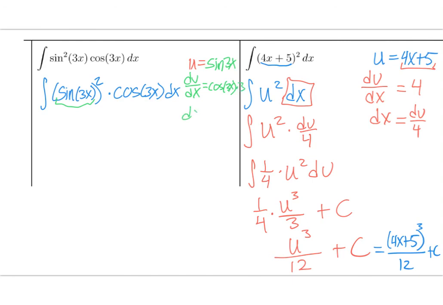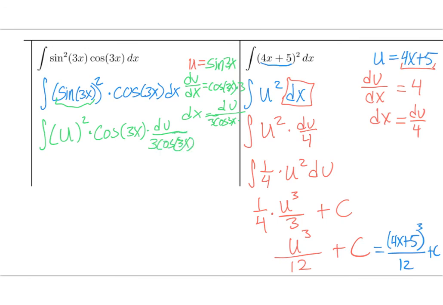And getting dx by itself, we end up with du over cosine of 3x, and then I'm going to put a 3 out front so it's a little bit less confusing. Let's try plugging that in. So we've got u squared times cosine of 3x and times du over 3 cosine of 3x.